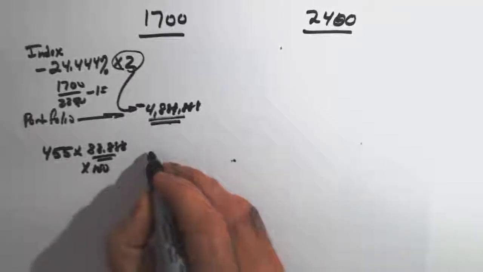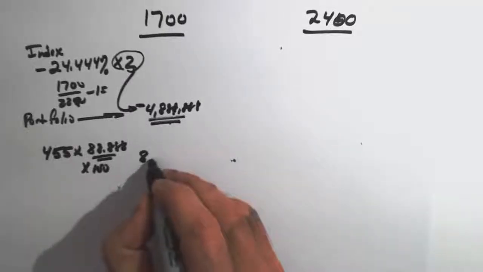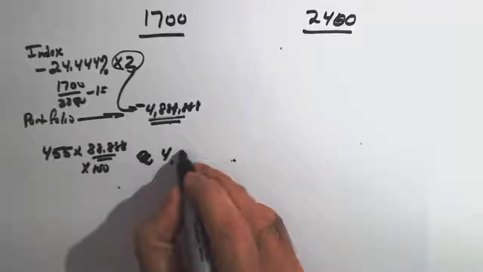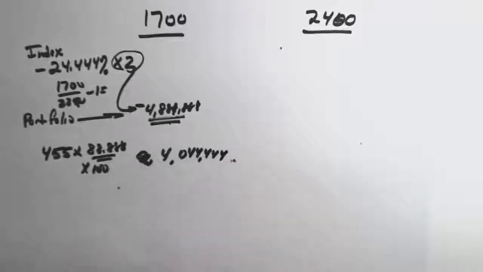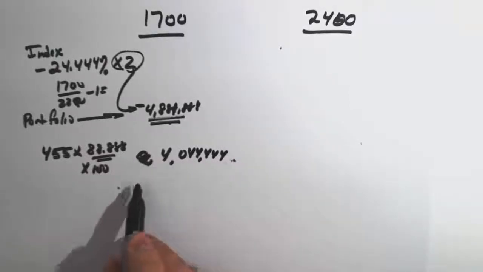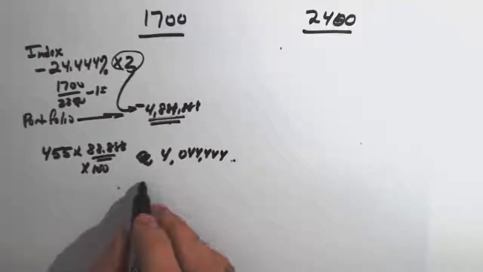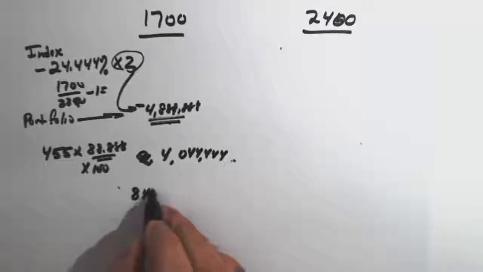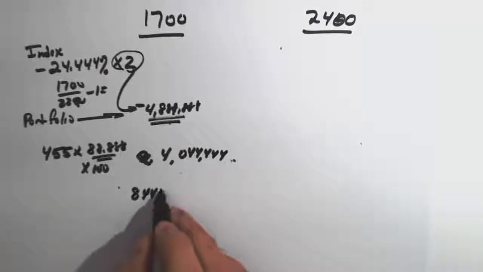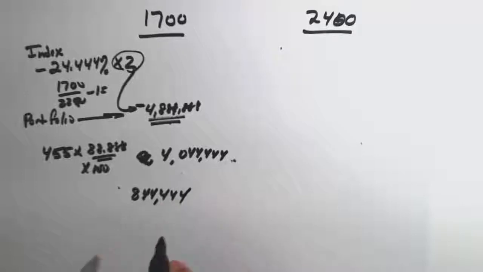And so we have a gain of 4,044,444. Okay, and so the net difference is going to be 804,444.